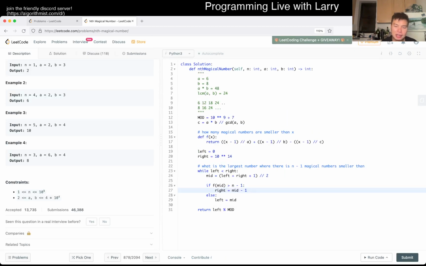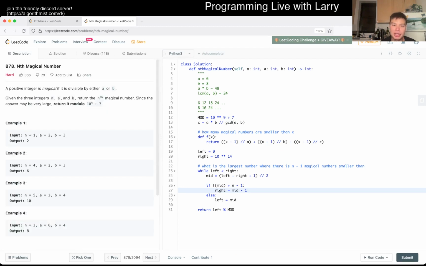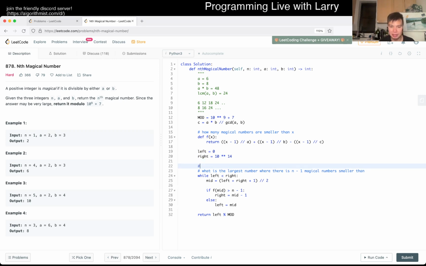Of course, the complexity is straightforward for a binary search. We look at the search space, and this is log of u time, where u is the size of the universe, which is the range of 10 to the 14, say, right?